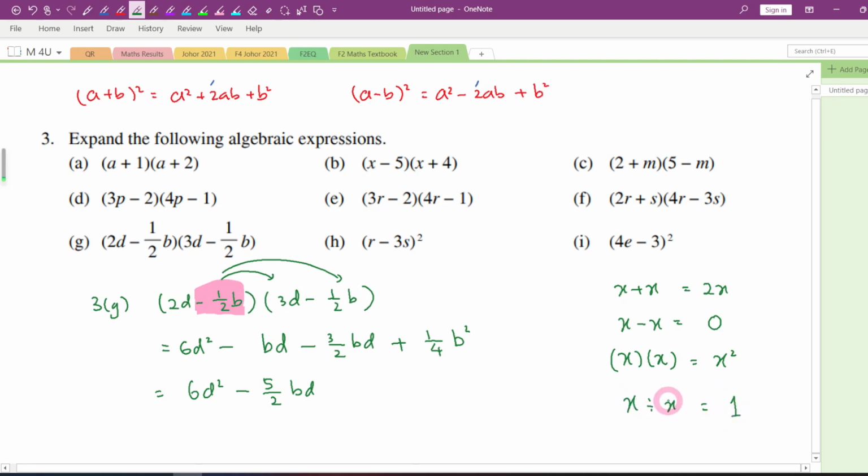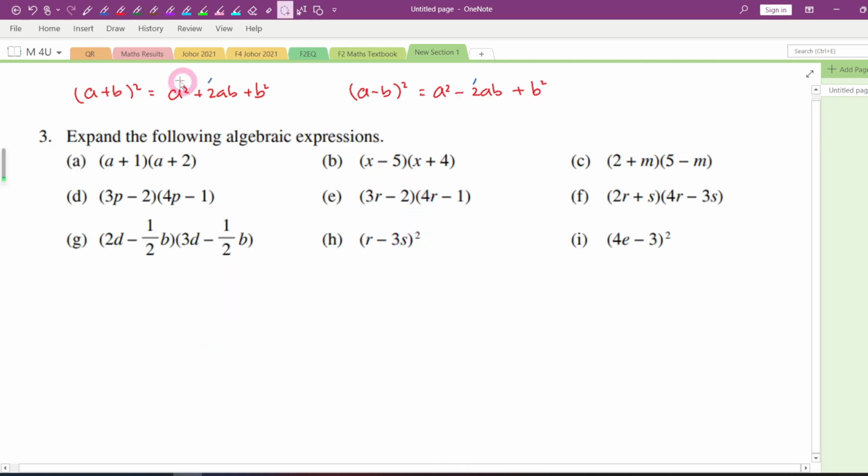Try to think 3 divided by 3, 4 divided by 4, 6 divided by 6, all will give you 1, right? So be careful here, don't write square, which is not correct. 1 over 4 b squared. So this is the answer for 3G.